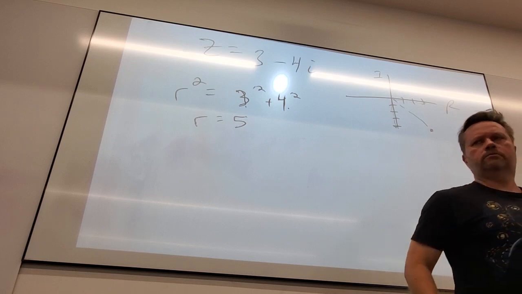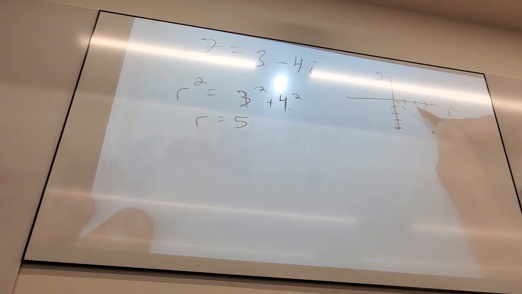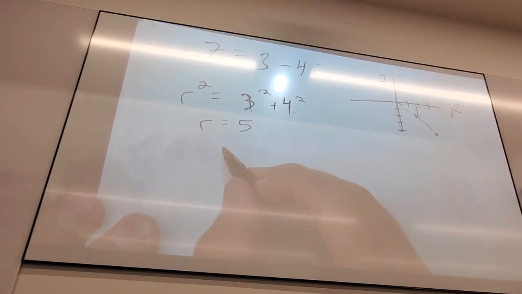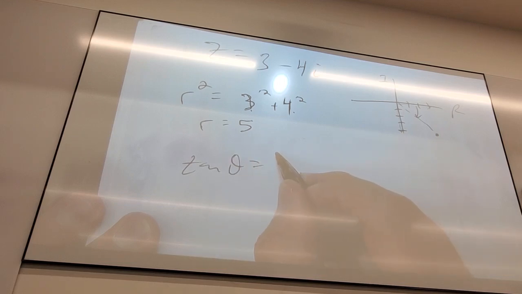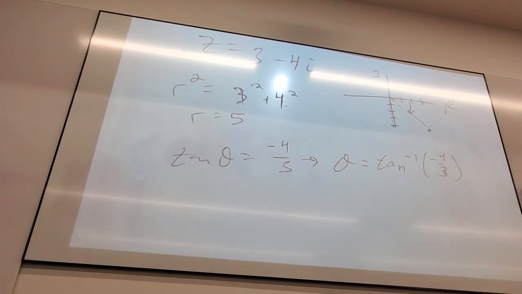How do I get the angle? The tangent of theta would equal y over x, so what would that be? 4 over 3, so then theta would be... Can somebody do that for me? What do you get?